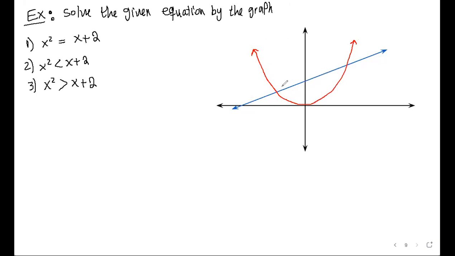And both of these two functions intersect at this point and this point. And these two points are given. This point is -1 and this point is 2. Who will do the first one and second one and third one?